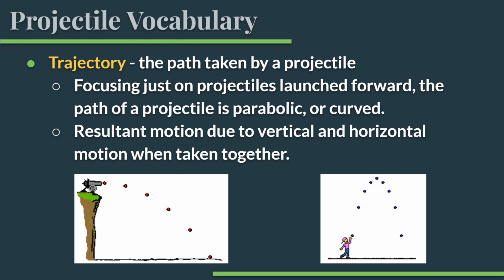So you have both horizontal motion and vertical motion simultaneously creating these curved paths whenever we have some amount of forward motion. Of course, if it's just up and down, it's not parabolic, it's linear. But if you have any amount of forward motion with your projectile, then you're going to see that curved path.